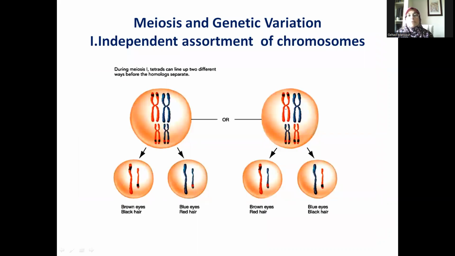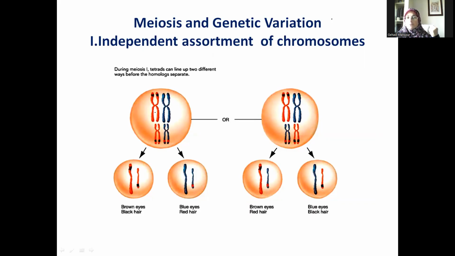Okay. Now we're going to summarize the causes of genetic variation in meiosis. Number 1, as we said, the independent assortment of the chromosomes.